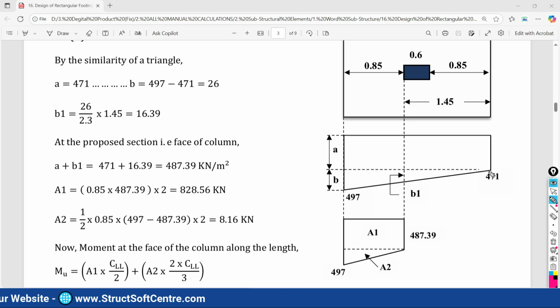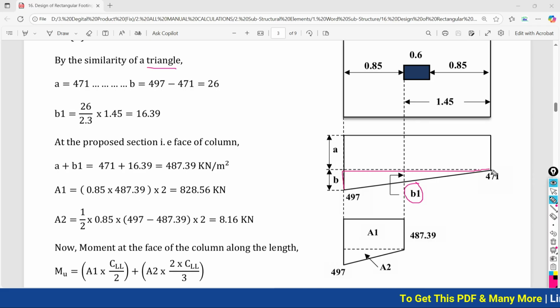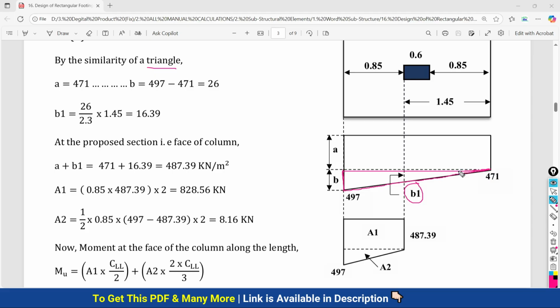How can you calculate this height? Very simple. We can use the concept of similarity of triangles. With the help of the similarity of triangles, we can calculate the B1 value. So we consider this triangle. Height of the big triangle and base of the big triangle.